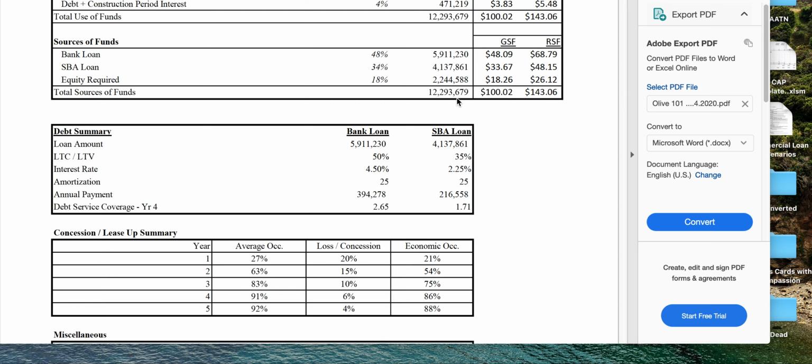So if the valuation comes in lower than the purchase price, then they will only give you 75% of the actual value, because the lender is not going to lend more than what it appraises for, but they're never going to exceed what the cost is. So they're always going to stick with the more conservative amount, which is typically the lower of the two.